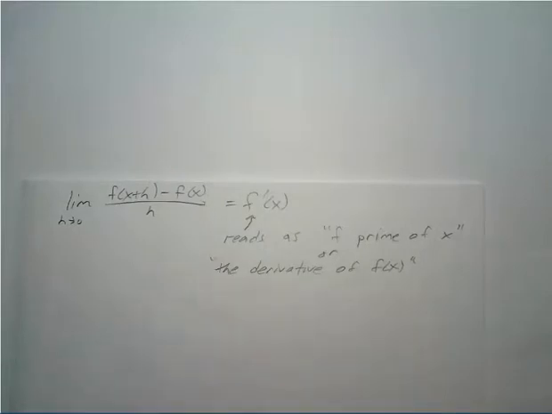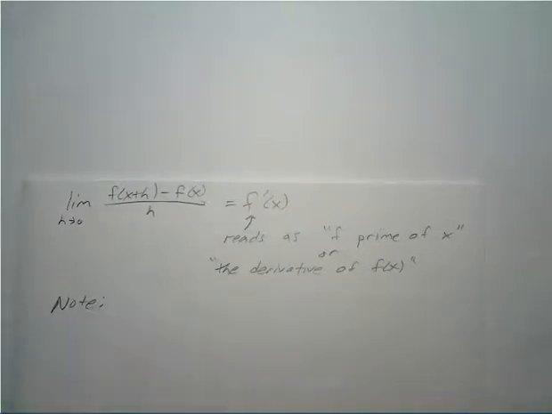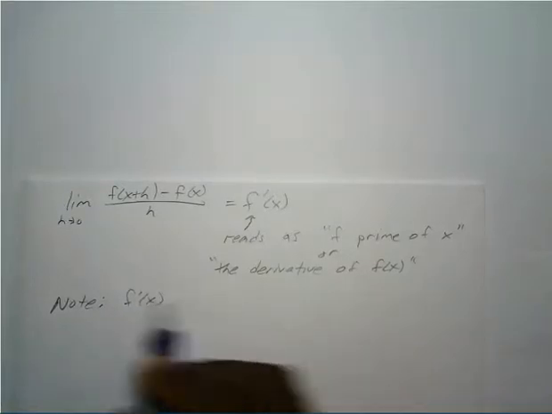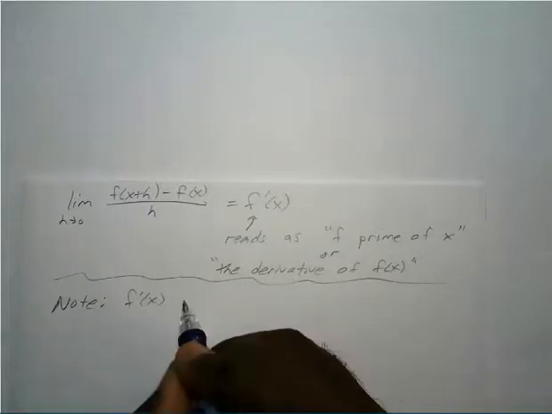Also, another quick note: f prime of x is also called the velocity function.